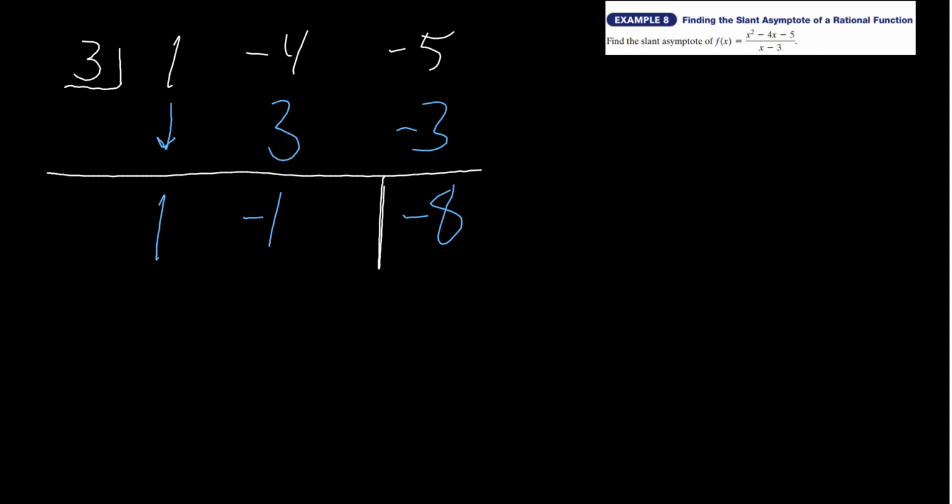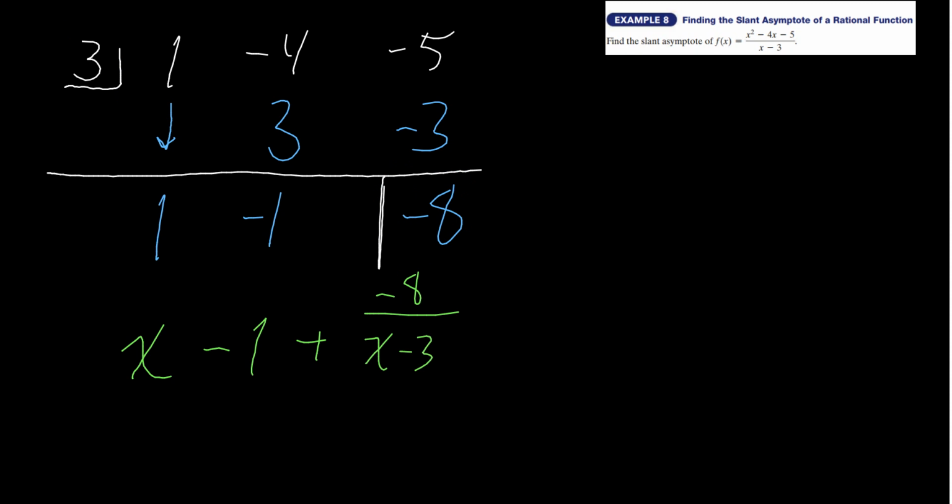So this 1 comes down, going from 2 to 1. It's going to be x, minus 1, and that's going to be plus the remainder, which is in this box here. So plus negative 8 over my divisor, which is right here, x minus 3, because I'm dividing by x minus 3. That's what's up here, x minus 3.